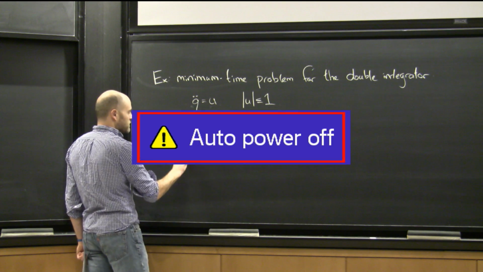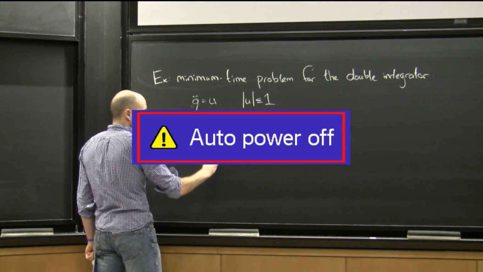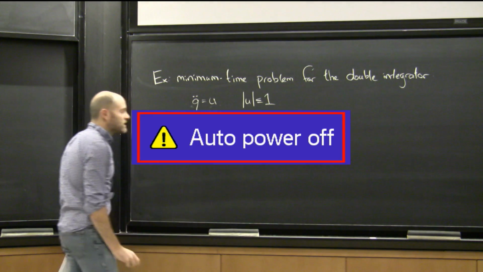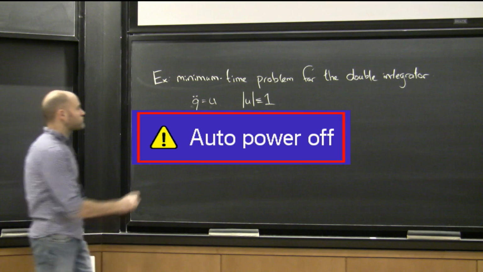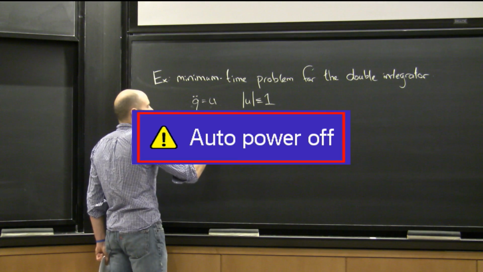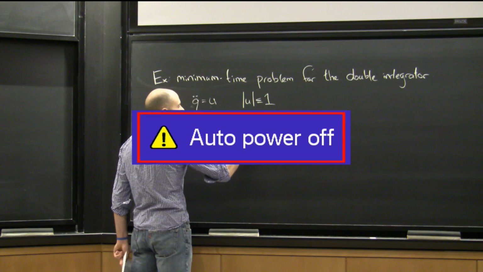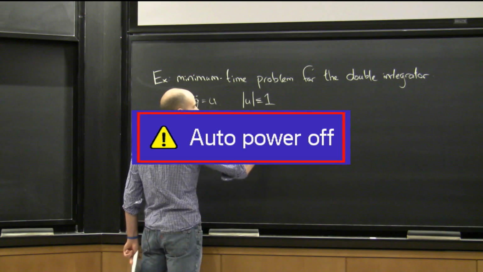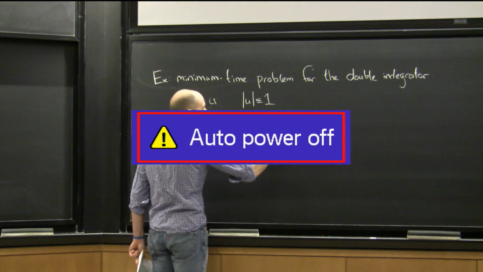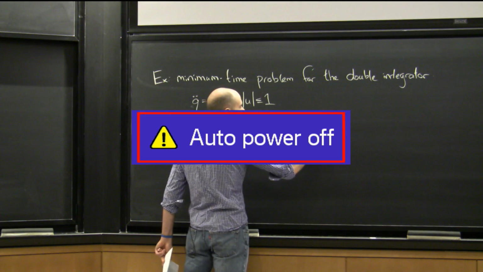The q is the position on the surface, and maybe our goal could be to drive that to 0 in minimum time.